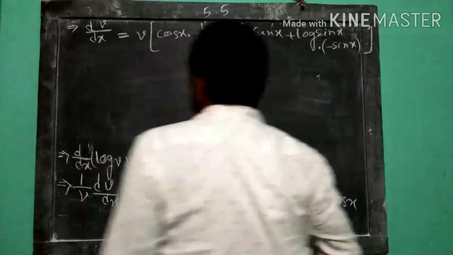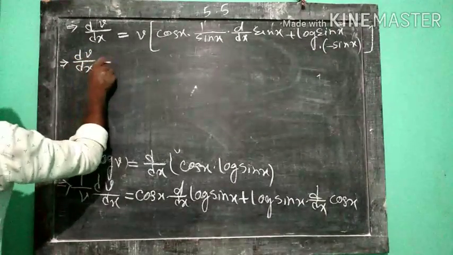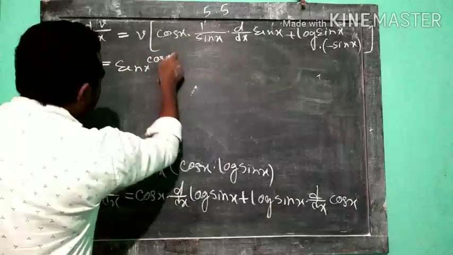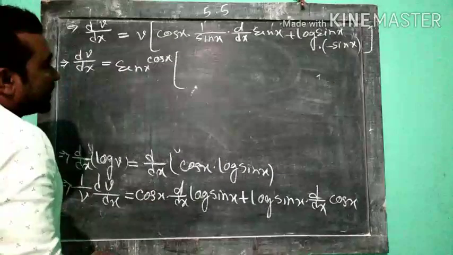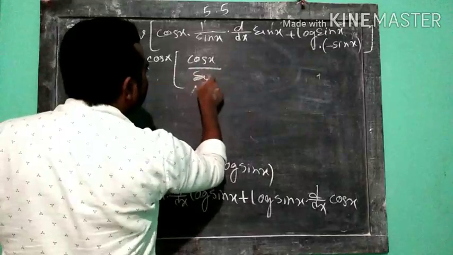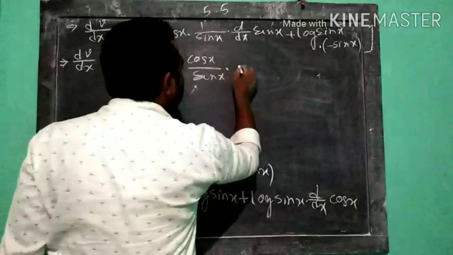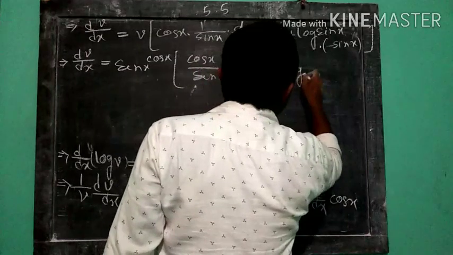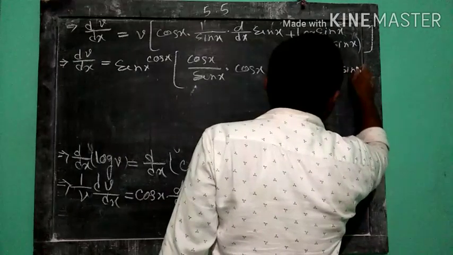So this is complete. So this implies dv/dx equals v. What is v? v is sin x to the power cos x, whole into cos x by sin x. So cos x by sin x equals what? If we differentiate sin x, then we have cos x. So this is cos x plus log sin x into minus sin x.